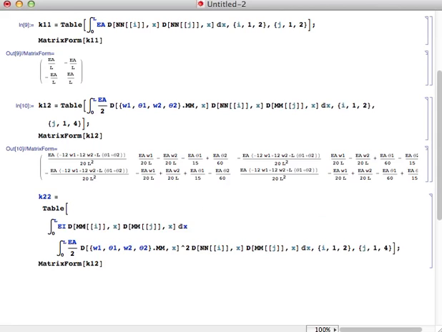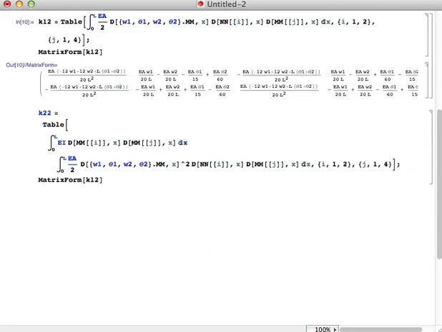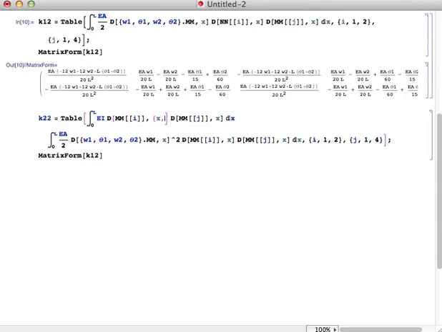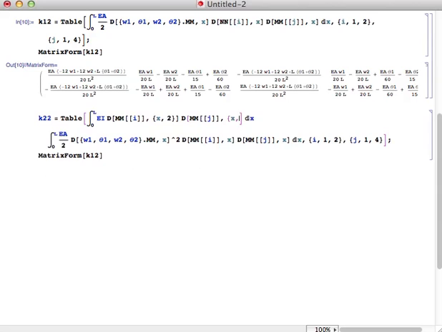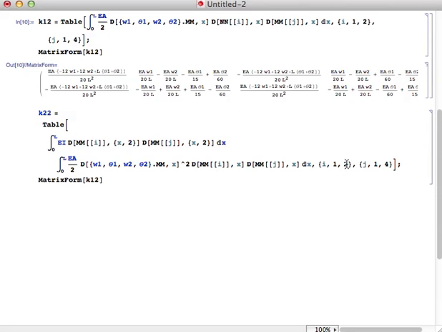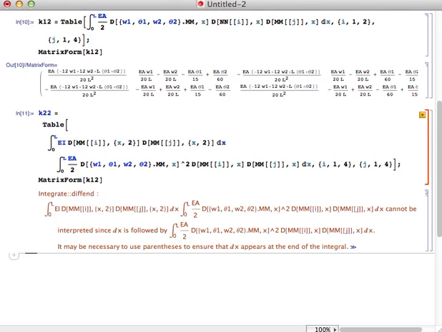And you have MM. Yep, you're right. Thanks. Change those to second derivatives. And then go from 1 to 4. There we go.